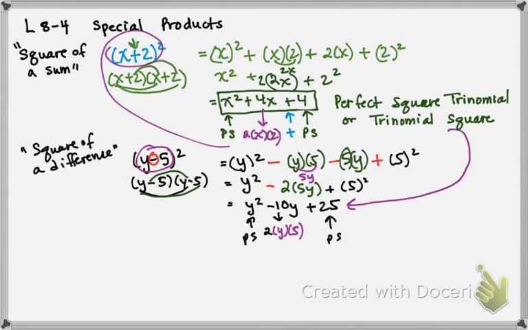or trinomial square. Okay, so again, I'm going to just do it real generically how we do it, algebraically. So the square of a sum, let's say we have a plus b, we're going to square that.